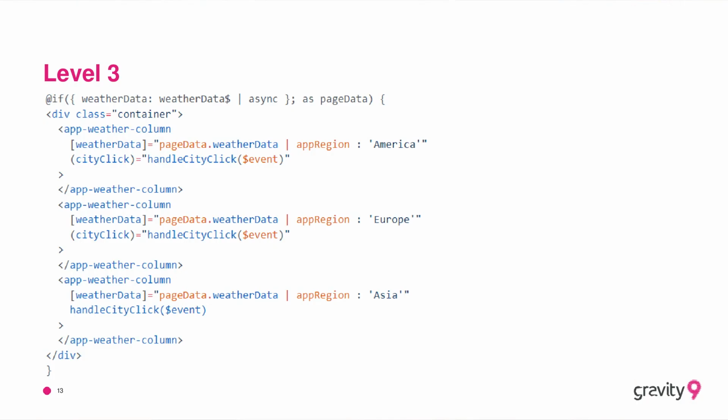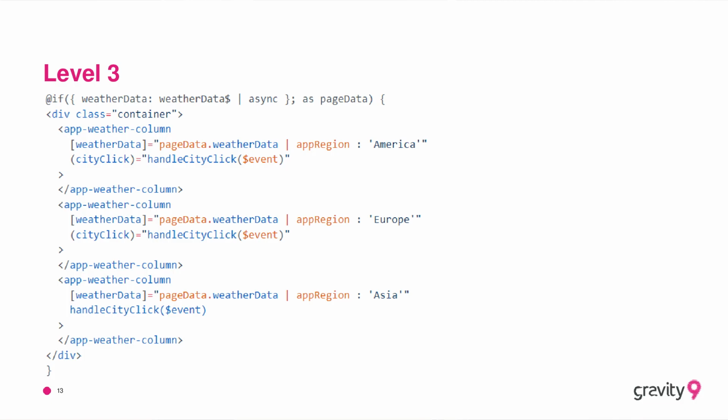So that's the same parent component like we have on level 2. But instead of passing just the key input to the weather column component, we are passing the actual data. So this time, the weather column component can be used in different contexts.